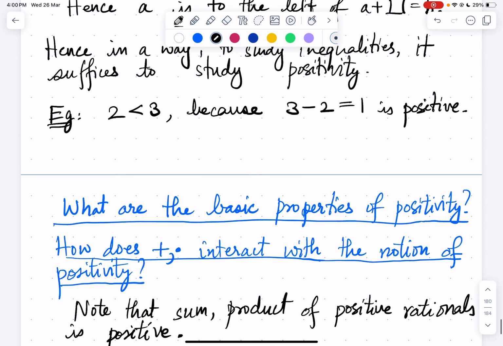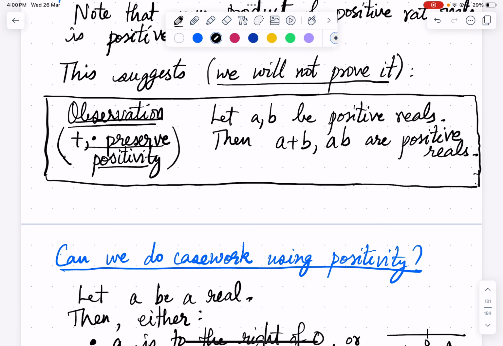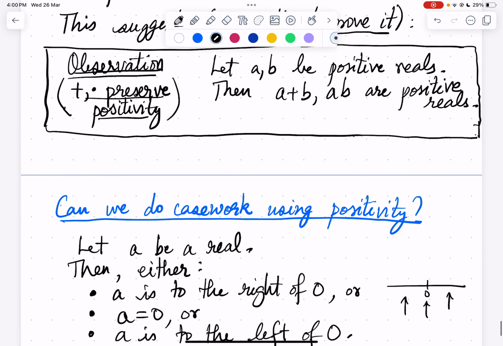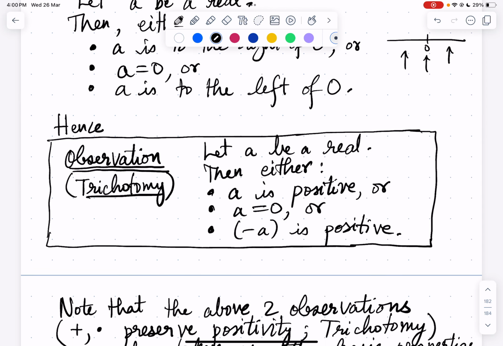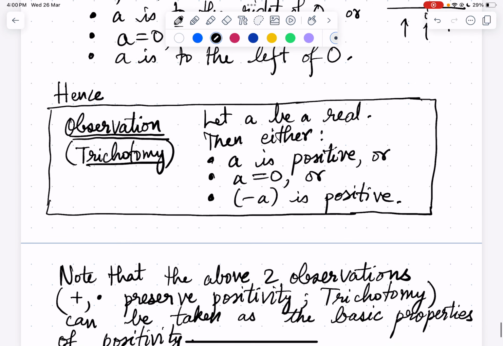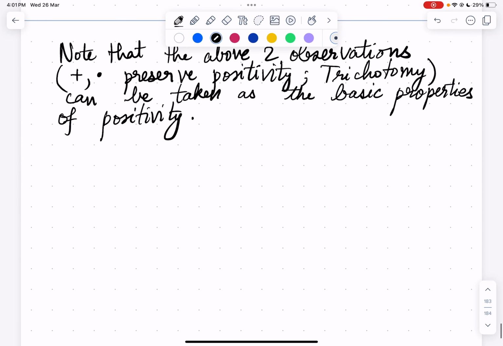We asked what are the basic properties of positivity. In a vague sense, the fact that addition and multiplication preserve positivity, and the fact that every real is either positive or zero or such that minus A is positive, can be considered as the basic properties of positivity.